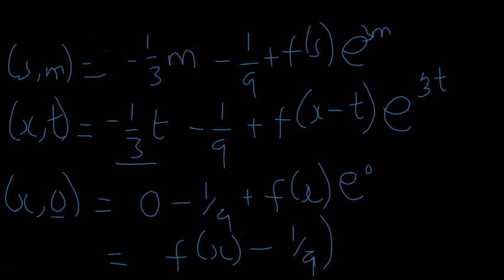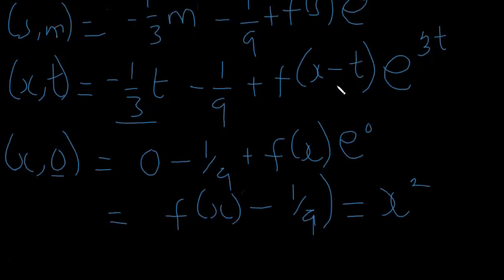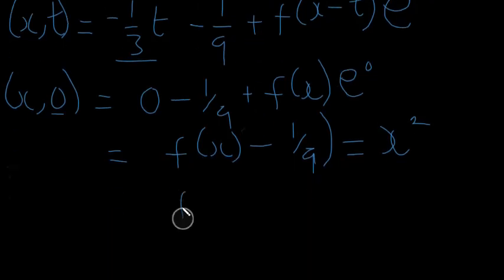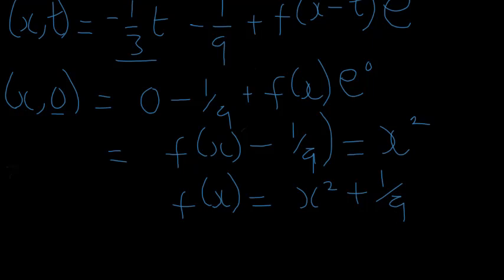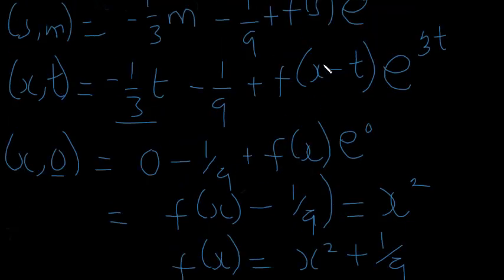And in your initial conditions, you have u of x, 0 being equal to x squared. So this one is equal to x all squared, right? So to make f of x the subject, you have f of x being equal to x squared plus 1 divided by 9, right? Yes. So what is the arbitrary function over here? f of x minus t.